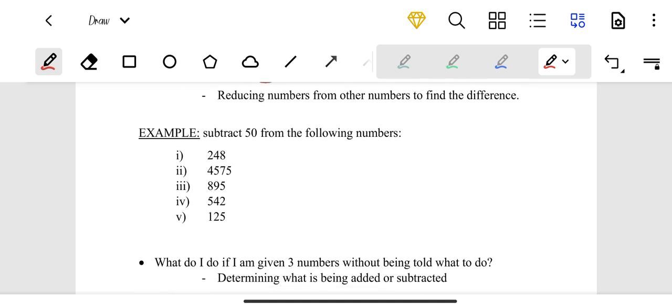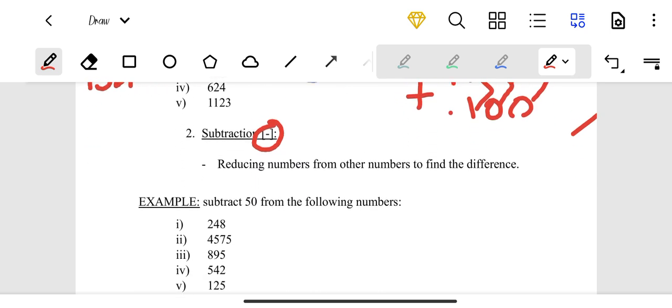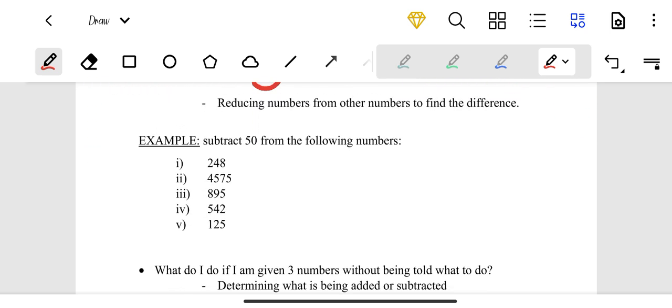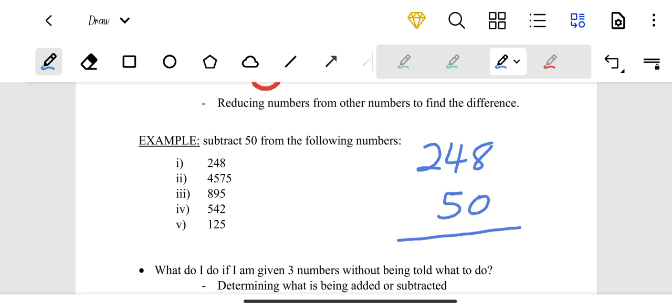Down here I stated an example: subtract 50 from the following numbers. The first one is a little bit tricky. Let me just put it down there. It's 248, and then we have a 50 there.